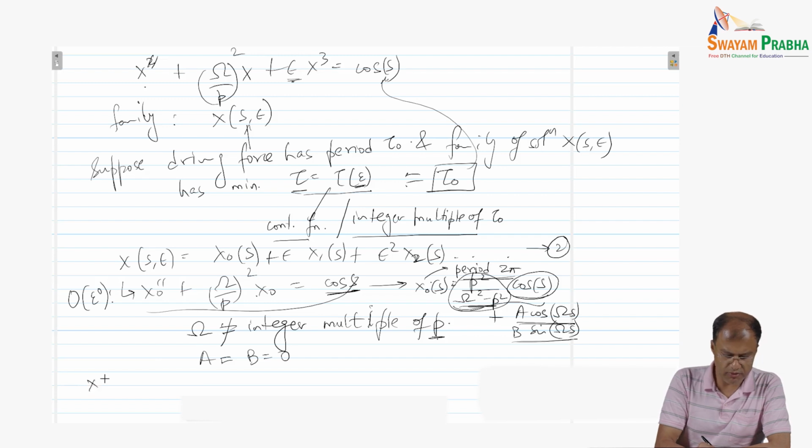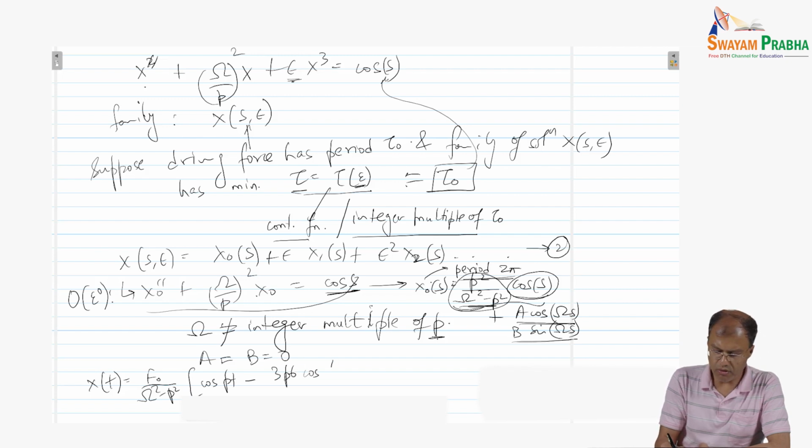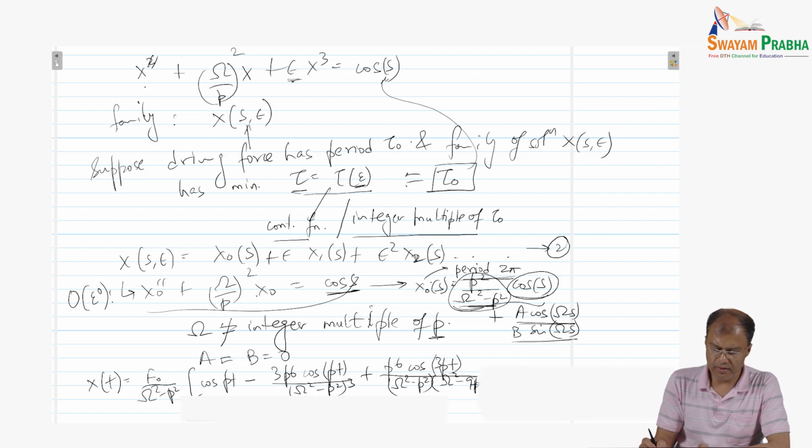The final form of the solution is as follows: f naught by omega square minus p square times cos of pt, minus 3 p to the sixth cos of pt by omega square minus p square whole cube, plus p to the sixth cos of 3pt, over omega square minus p square times omega square minus 9 p square.